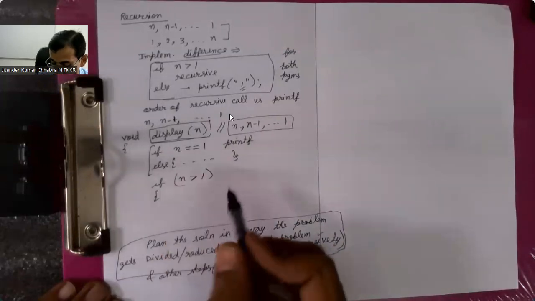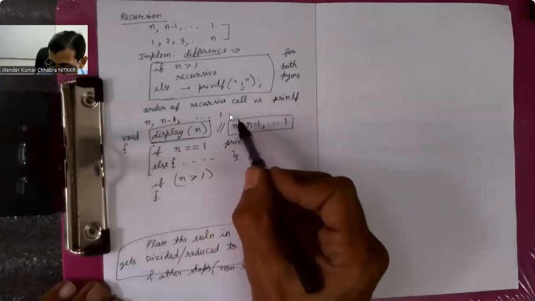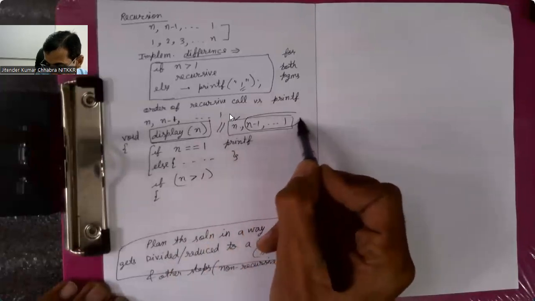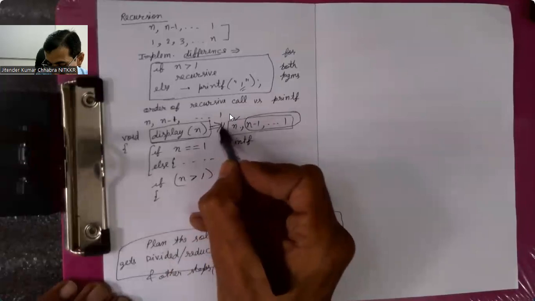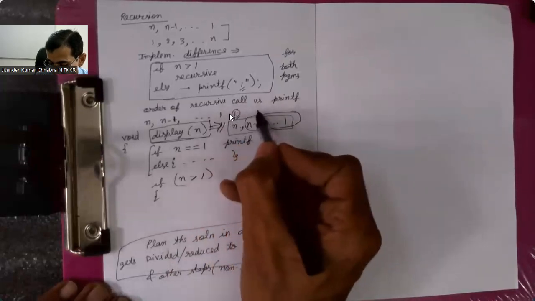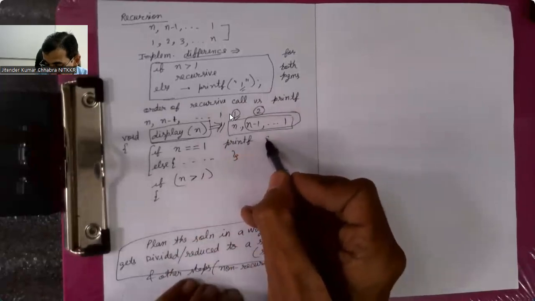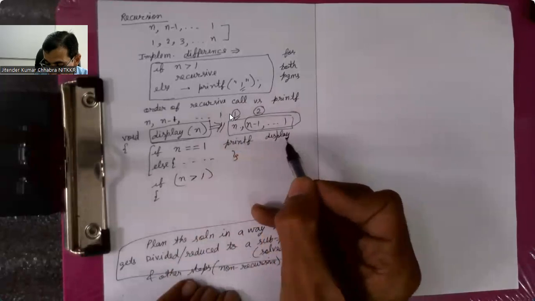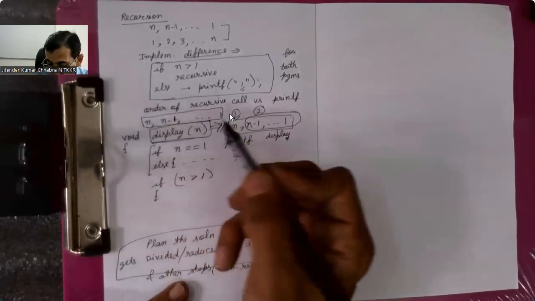For example, here I say display n is equivalent to saying n to be displayed and this series to be displayed. Display n is equivalent to step 1 and step 2. Step 2 is again displaying the series n minus 1 down to 1. Earlier the series being displayed was n down to 1.